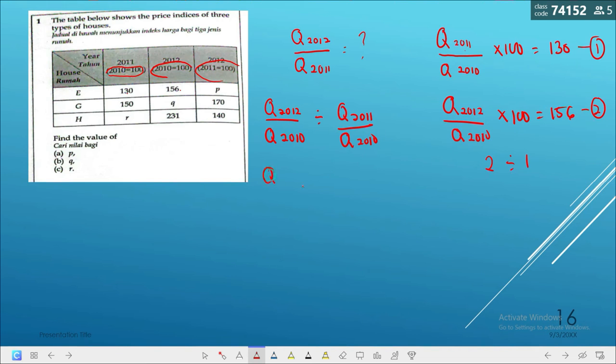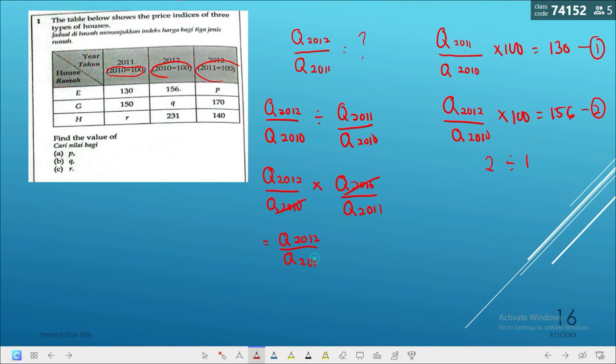We already learned that if we divide a fraction, we need to change to multiply. So this one goes up and this one goes down, so we can cross this out and you will get Q2012 over Q2011.